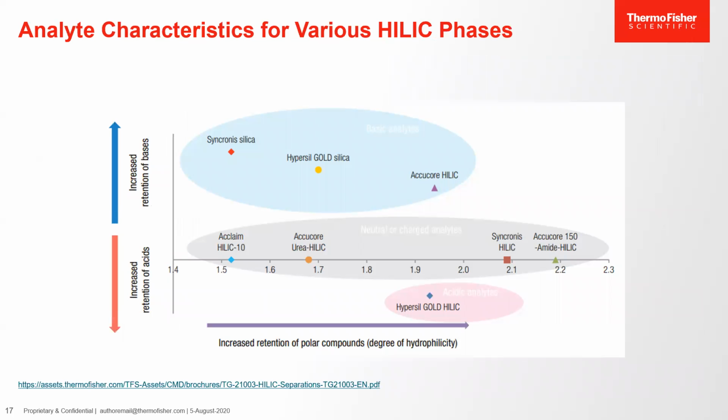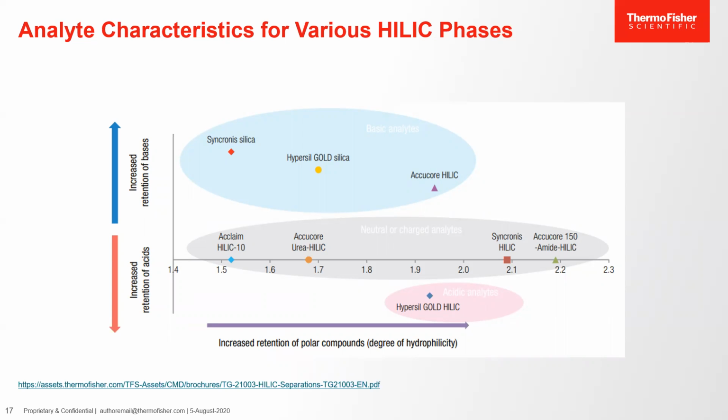This is just another example of that particular table in a form that looks a little more visually pleasing, right? We have our high bases, which are going to be our HILIC, which are also our superpolar compounds. Then we have our neutral compounds, which are also in the HILIC phases. And then our Hypersil GOLD for acidic analytes.